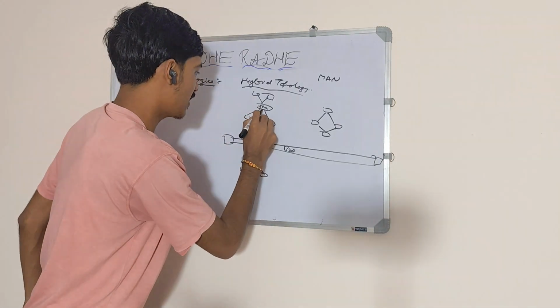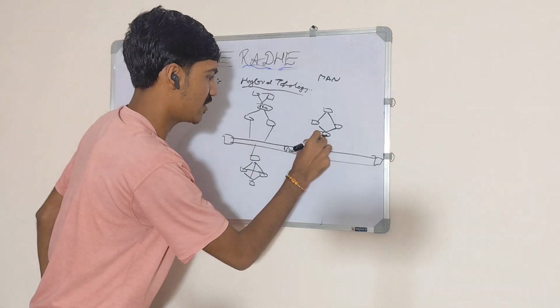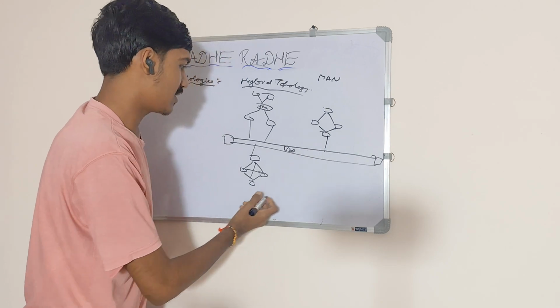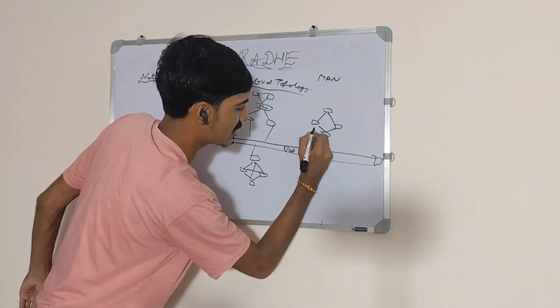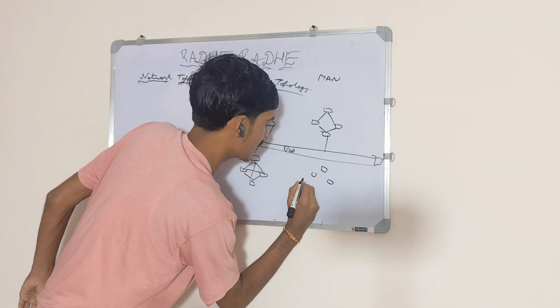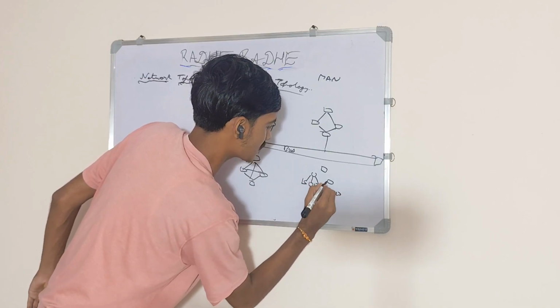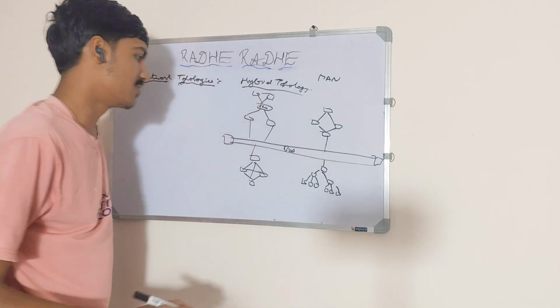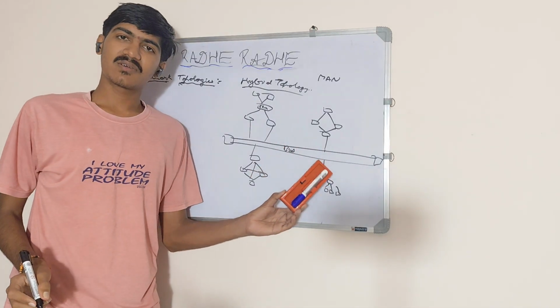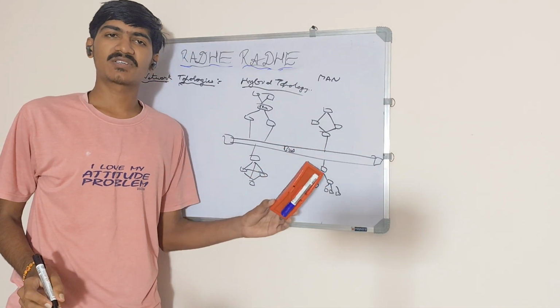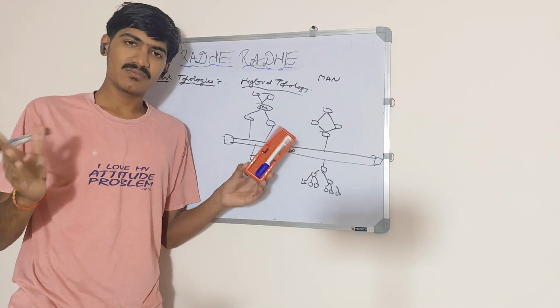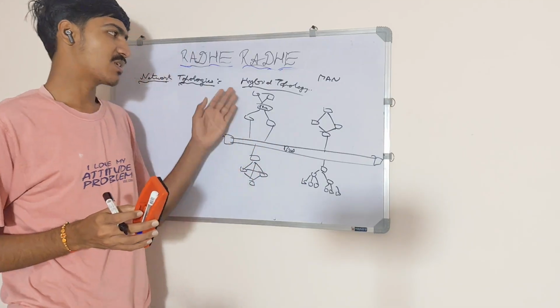These all have links to here. One more, tree topology, I drew just now. Bro, this is nothing but hybrid topology. Combination of all the topologies is nothing but hybrid topology. Simple. That's it about topologies.